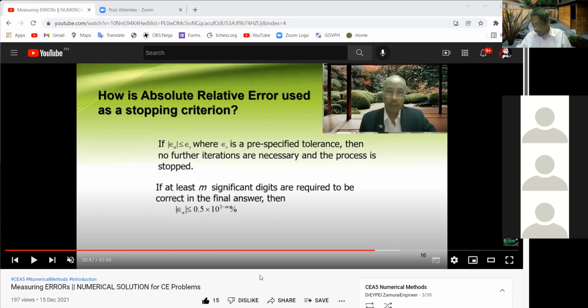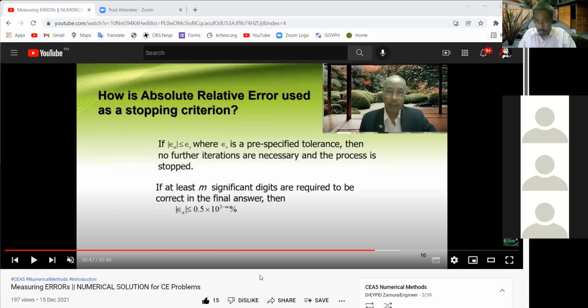What is m? m is the number of significant digits. So this is the formula, the stopping criterion.